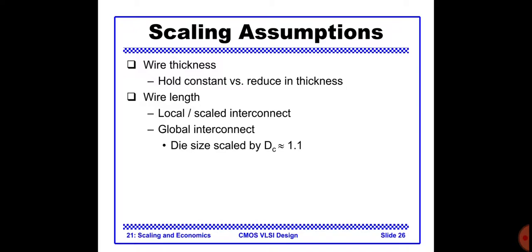Scaling assumptions: wire thickness is held constant versus reduced in thickness. Wire length is scaled locally per scaled interconnect; for global interconnect, it follows the die size, scaled by Dc equal to 1.1.